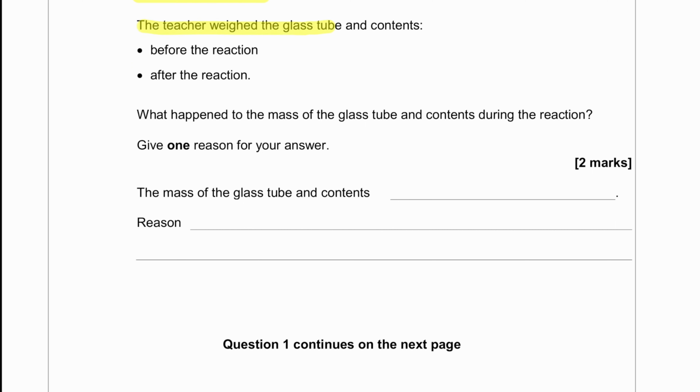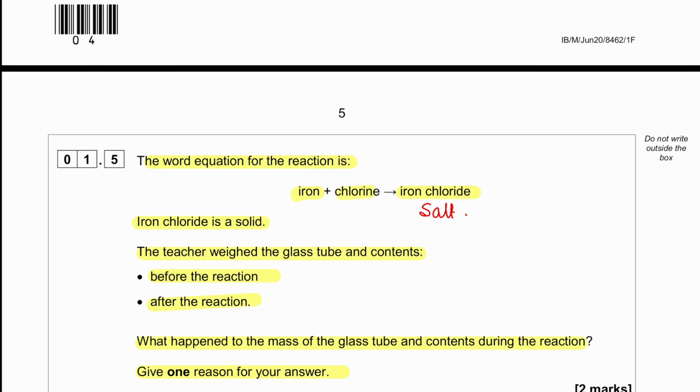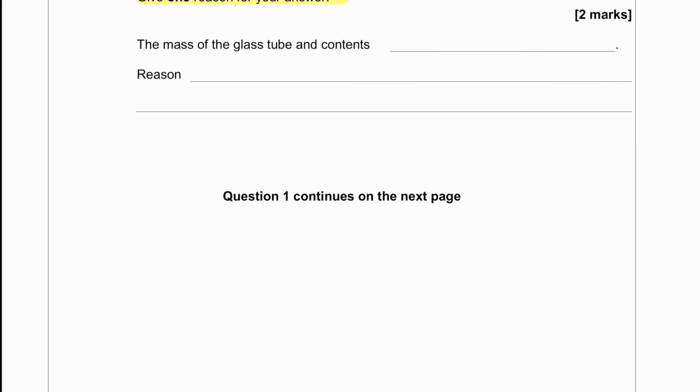The teacher weighed the glass tube and contents before the reaction and after the reaction. What happened to the mass of the glass tube and contents during the reaction? Give one reason for your answer. So since the chlorine was a gas and it combined with the iron to produce iron chloride, the mass will increase.